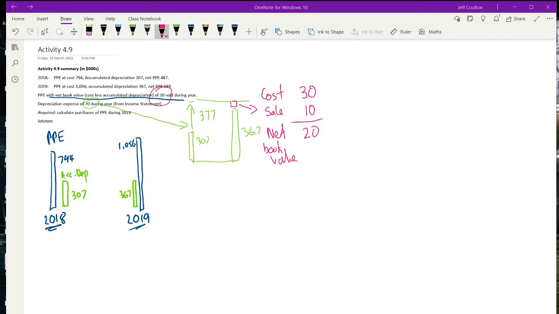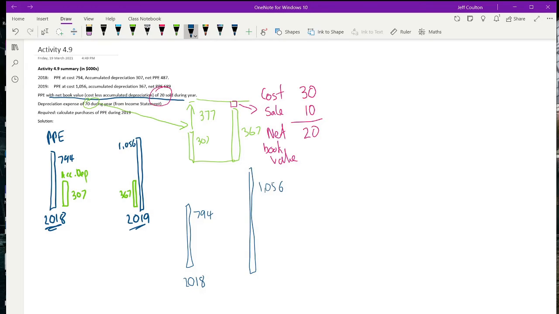Now, we can go and look at what must have happened to the cost account itself. So I'll draw that back over here. We started off in 2018 with the cost of 794 and we've gone up to 1056.